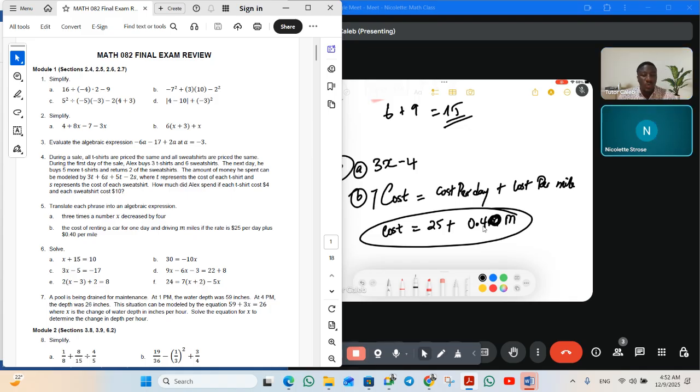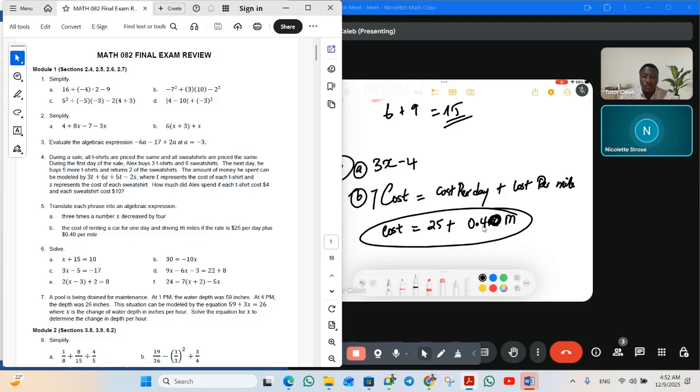Yes. So that's why we say 40 cents times M, which is the number of miles they'll be driving. Okay, I think I understand.